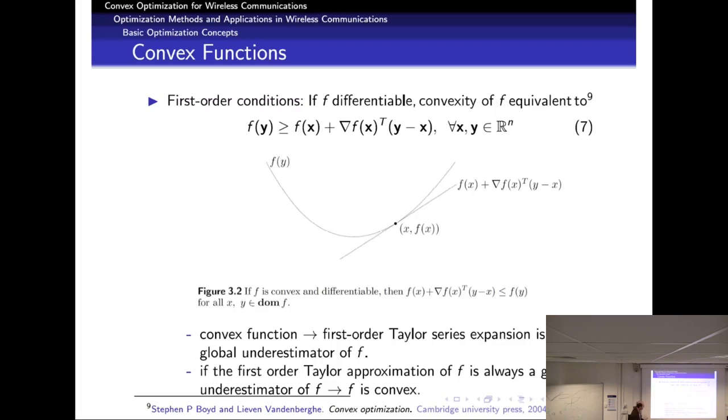If you can show that this one is always an underestimator of that function, then you can show that that function is convex. So it goes in two directions. A convex function implies the underestimator, and if you have an underestimator of that function, then you can show that the function is convex. So it's if and only if, if you like.